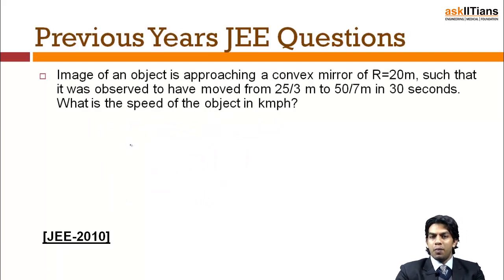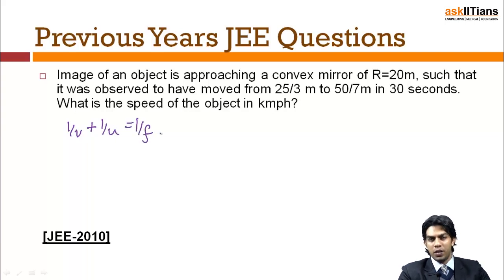The image of an object is approaching a convex mirror of radius r equals 20 meters, such that it was observed to have moved from 25 by 3 meters to 50 by 7 meters in 30 seconds. What is the speed of the object in kilometers per hour? I know 1 by v plus 1 by u equals 1 by f.